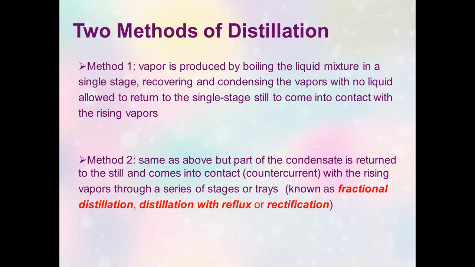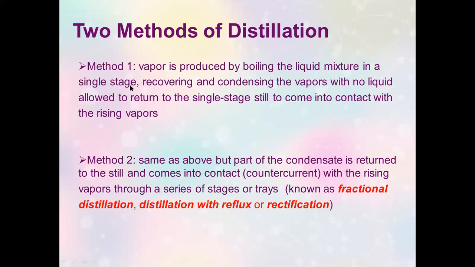Now, there are 2 methods of distillation. There are several distilling methods that will be discussed to you, and they are divided into 2 groups. The first group, under method 1: the vapor is produced by boiling the liquid mixture in a single stage, recovering and condensing the vapors with no liquid allowed to return to the single stage still to come into contact with the rising vapors.